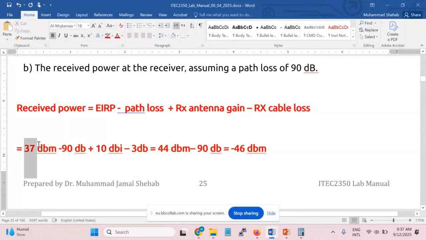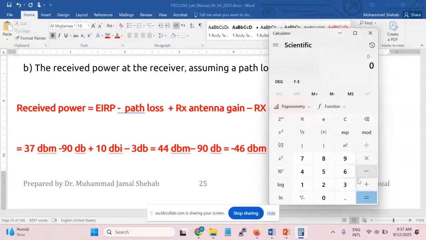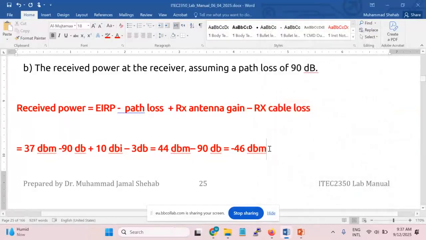So it's a matter of addition and subtraction: 37 minus 90 plus 10 minus 3 equals minus 46 dBm.